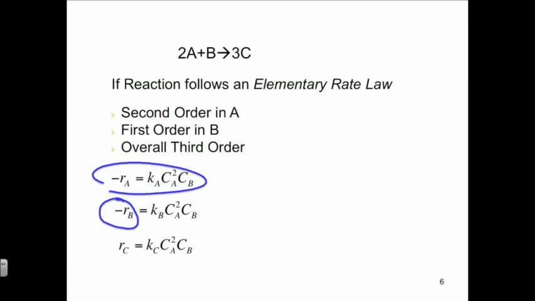Similarly, we can look at this for species C, but instead of the rate of disappearance of C, we'll have the rate of formation of C, which is positive r_C, equal to k_C, and then again times C_A squared times C_B.